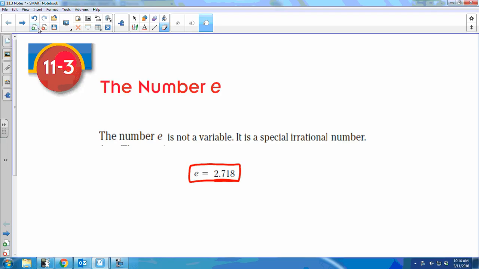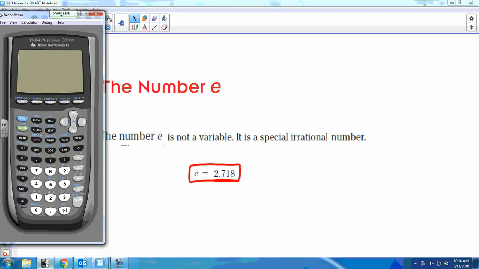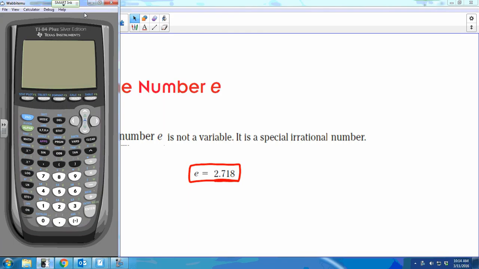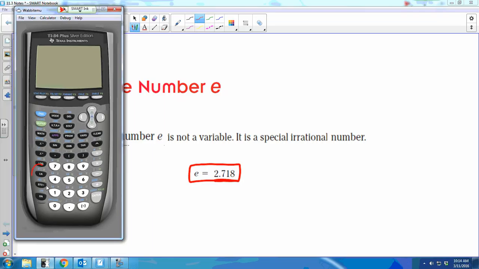In your calculator, there are 2 places you can find e. You have e to the x above the ln button, natural log button, below the log button. That's if you want to raise it to some power.